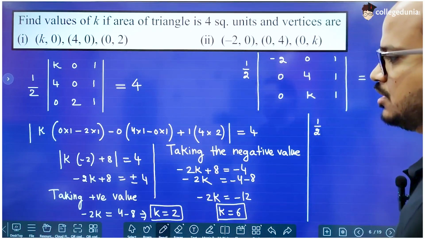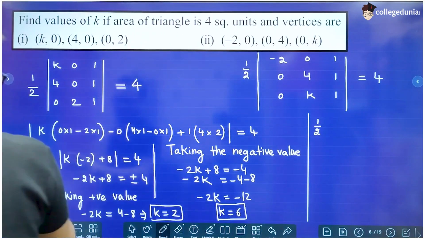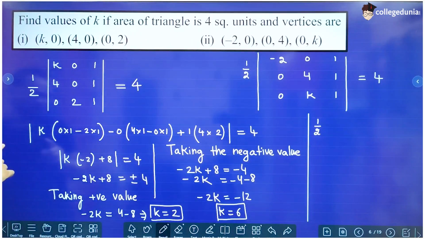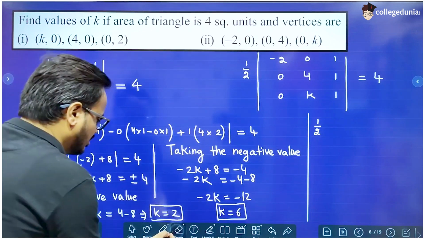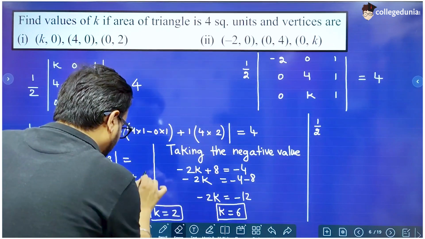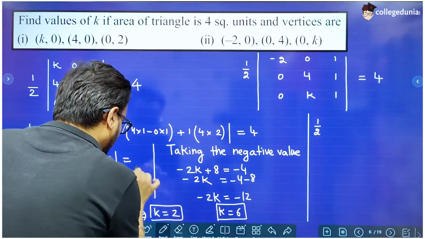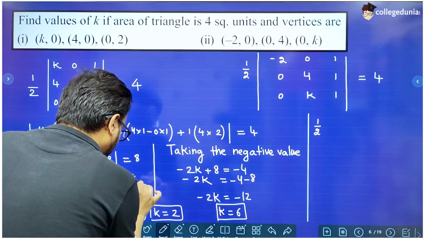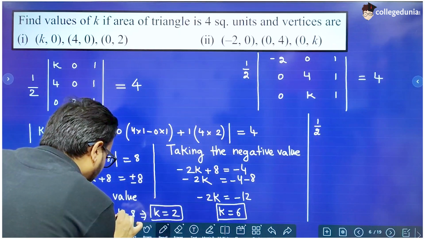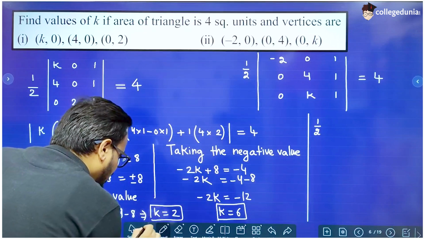Okay, there was a mistake in this one, right? We removed this half. We should have taken it as 8. This is 8 and not 4. 8 plus minus 8, and this is plus 8, so it is 0.